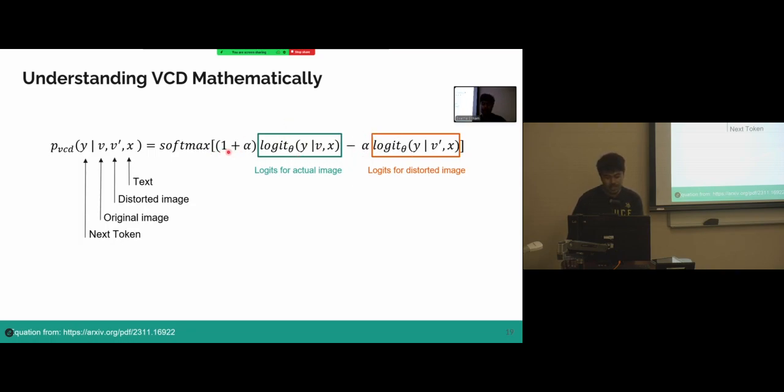The reason we have 1 plus alpha here is so that, whatever value we choose for alpha, the left term will always be greater. And with softmax, we make sure that these logits eventually become a distribution for the next token.